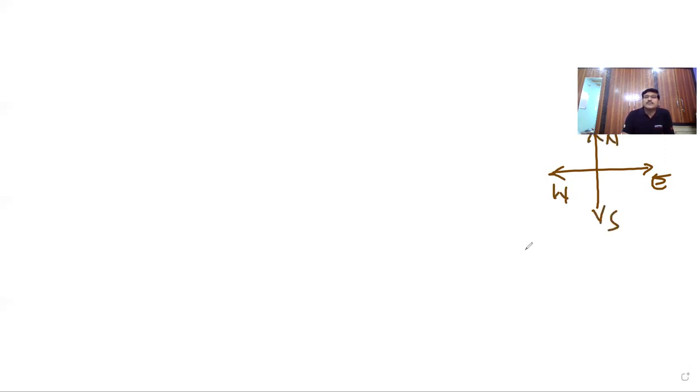Now, what he says is that first, let us say the man is present here at A. He is moving towards south. South is down. How many meters? 2 meters. Then again towards east, 3 meters.